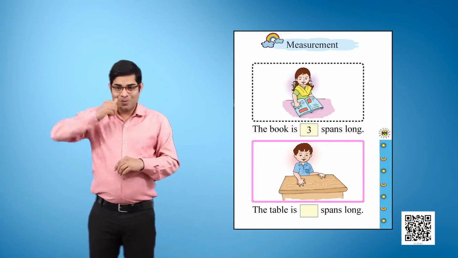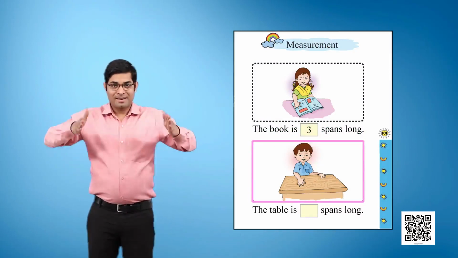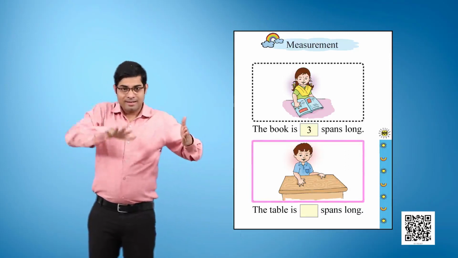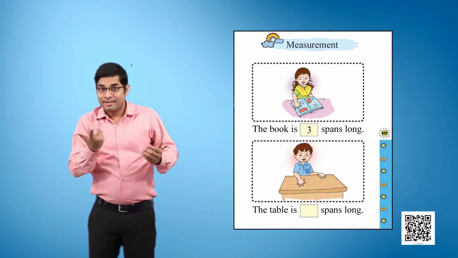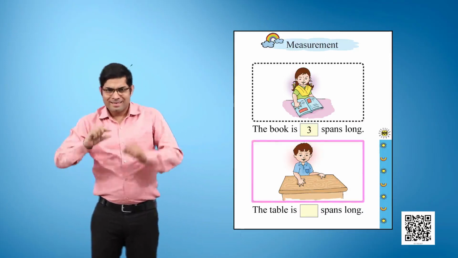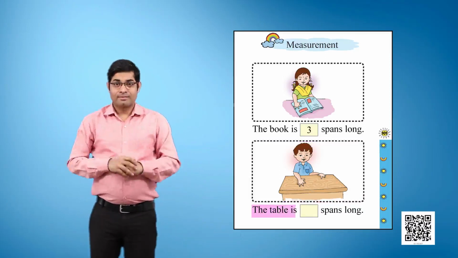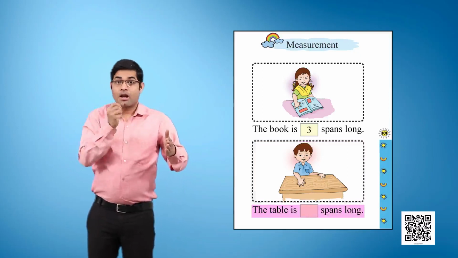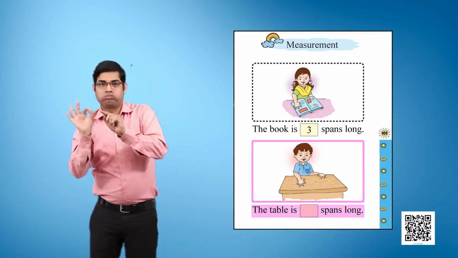Picture 2 shows a boy measuring the table kept in front of him with his spans. The table is dash spans long. This is written beneath this picture.